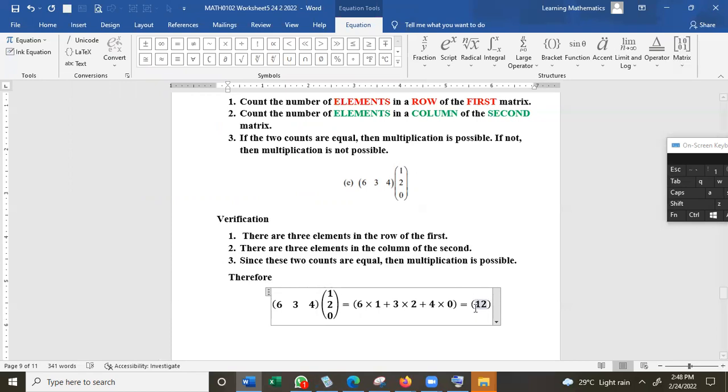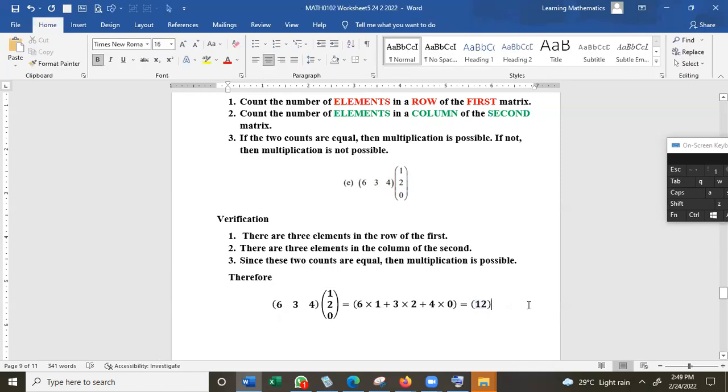And the reason for that is, the product will have the same number of rows as the first, and it will have the same number of columns as the second. So we can just take a note of that now.